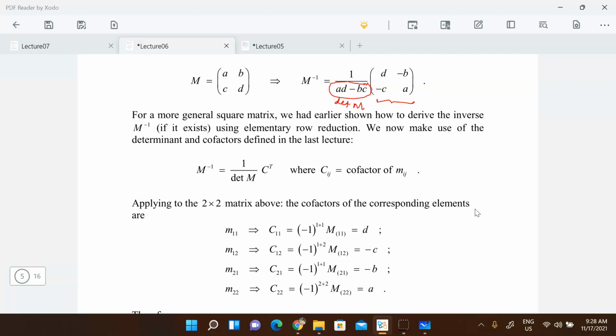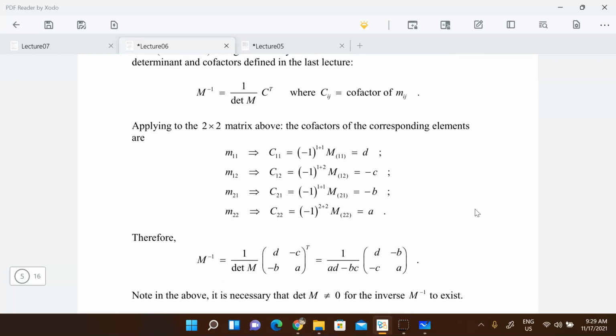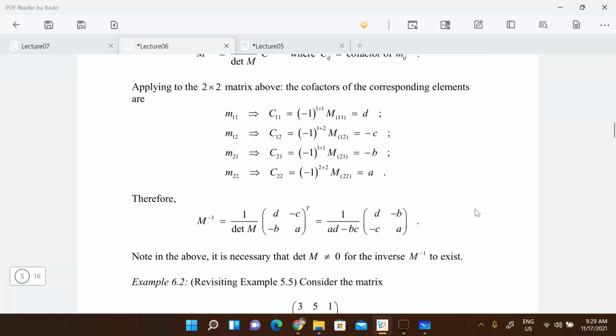So we go back to the things that we already learned before. For each of the elements M11, M12, M21, M22, you calculate your cofactors. It gives you these numbers, and these numbers are the ones actually appearing on this part. In fact, you have to arrange it in such a way that the cofactors over here are supposed to be arranged in this way.